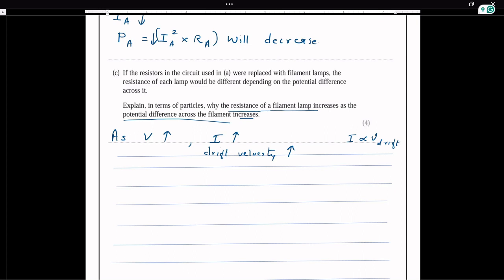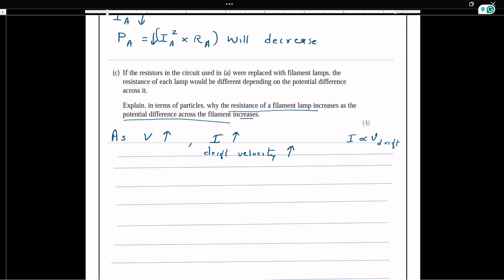So when the drift velocity increases, collisions among electrons increase, and they lose energy, and this energy lost will appear as heat energy, so heat will be developed.